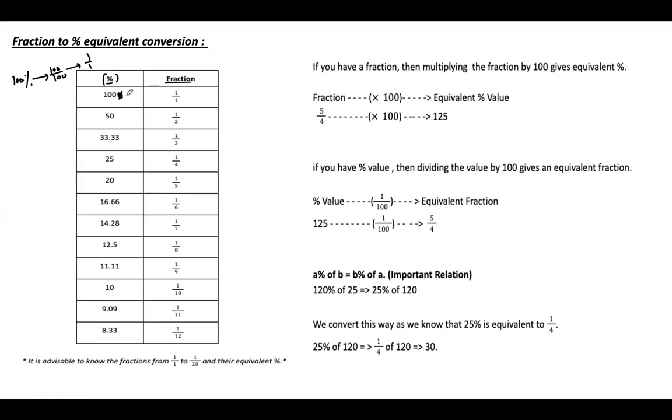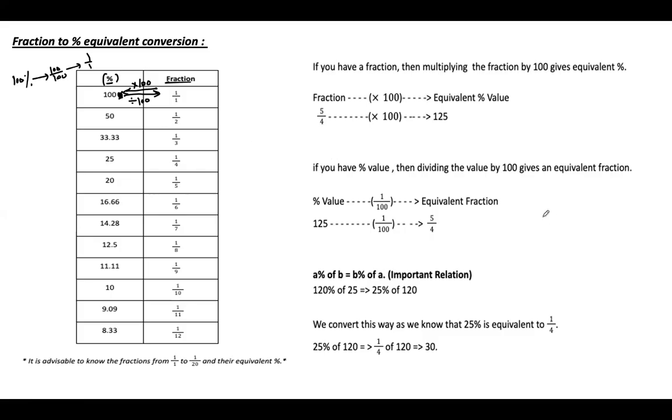That means if I'm going from the left hand side to the right hand side, what am I doing? I'm dividing the quantity by 100. Similarly, if I'm going from the right hand side to the left hand side, I'm multiplying by 100. Is this point clear?